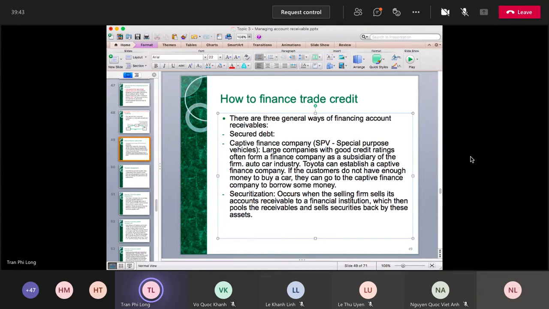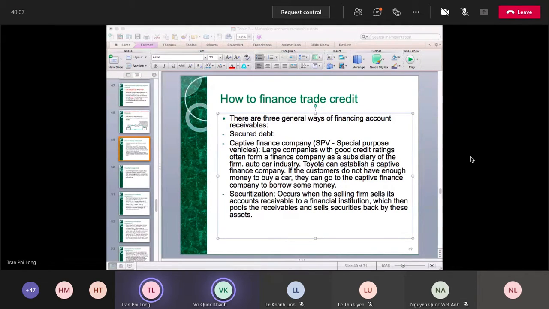If the company has the account receivable now, in the future the company can have money, and that will be the source of money the company uses to pay back the debt. That's why the bank will accept the account receivable as the collateral.